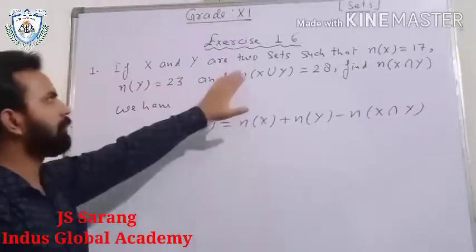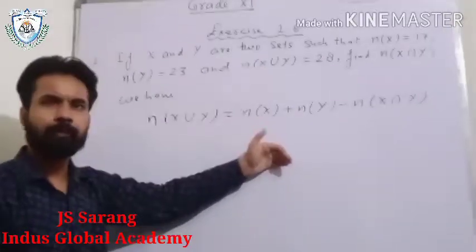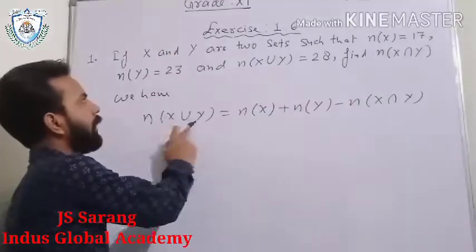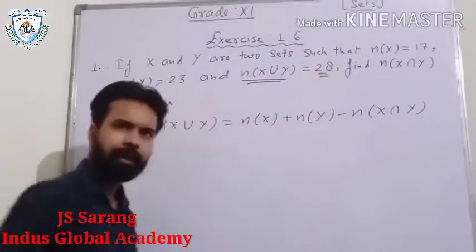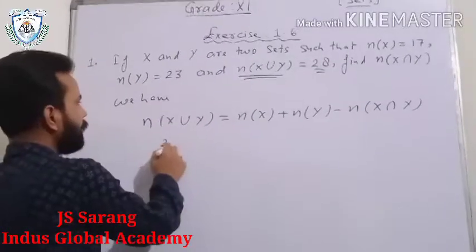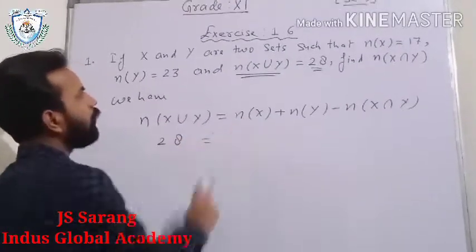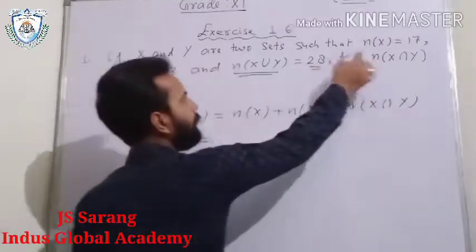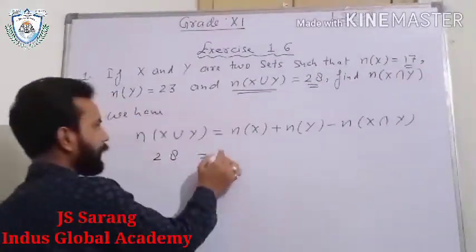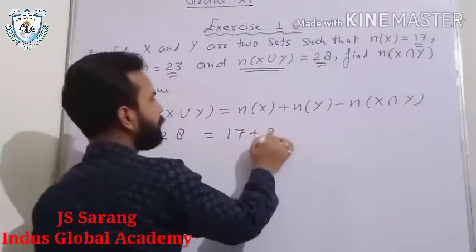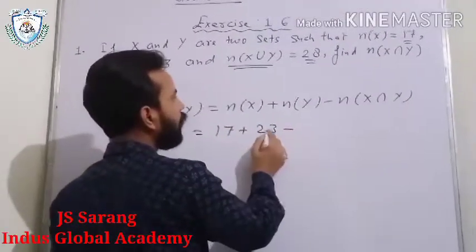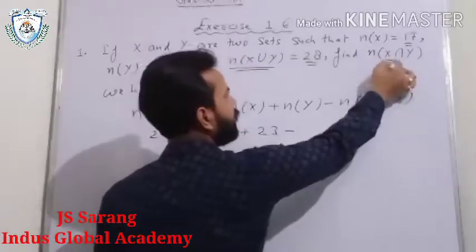Now whatever is given we have to put here. Number of elements in X union Y is how much? 28. So we can substitute here. Equal to number of elements in X, which is given, that is 17, plus number of elements in Y, 23, minus number of elements in X intersection Y, which we have to find.